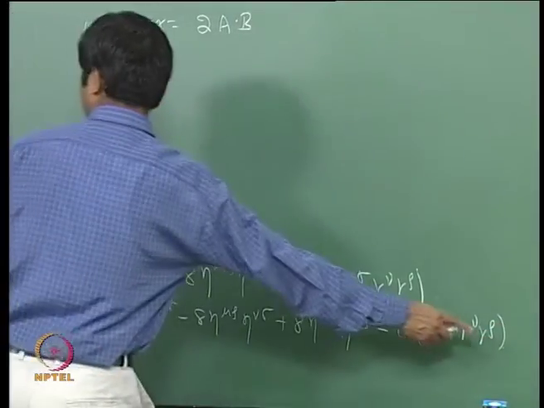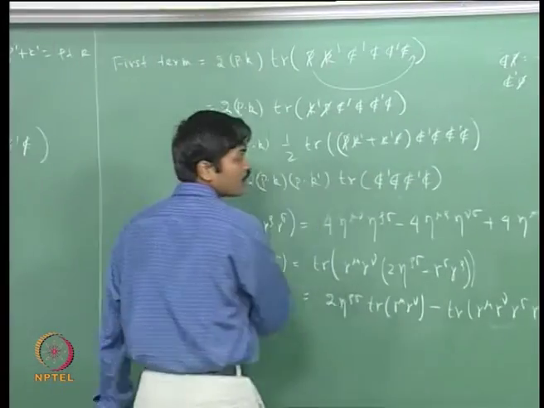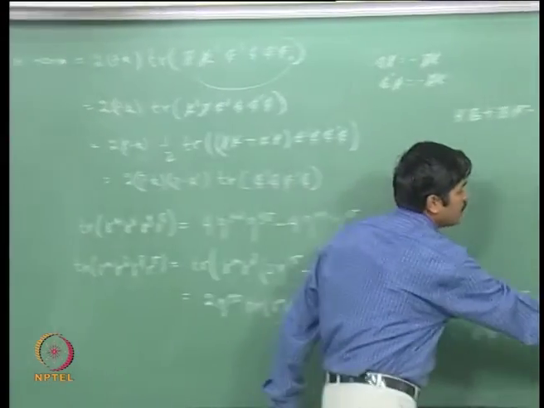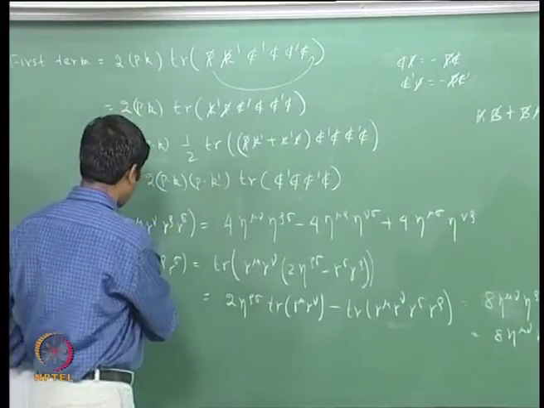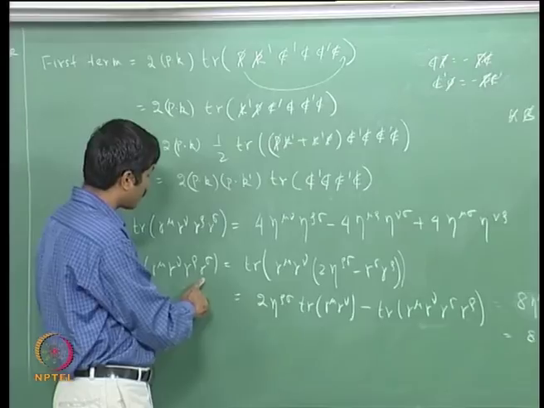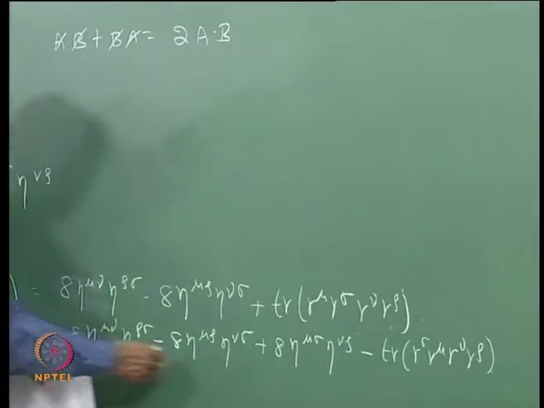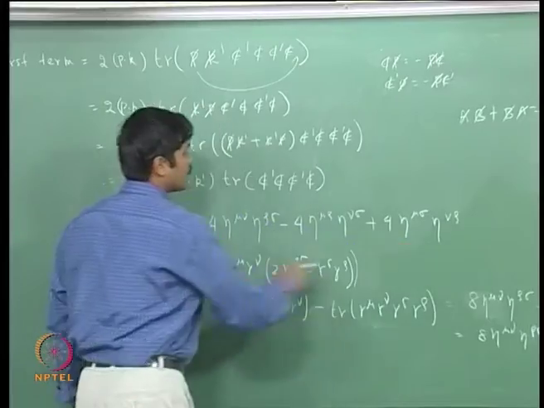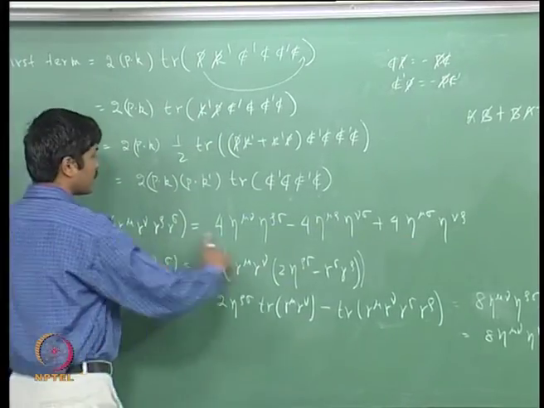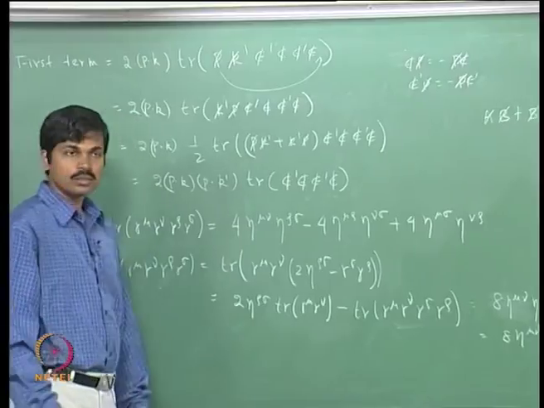But this quantity is same as this. So, if you bring it here, this will give twice trace of gamma mu gamma nu gamma rho gamma sigma is equal to 8 times this quantity. Therefore, the trace of 4 gamma matrices is given by this.